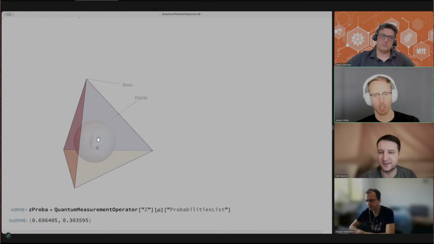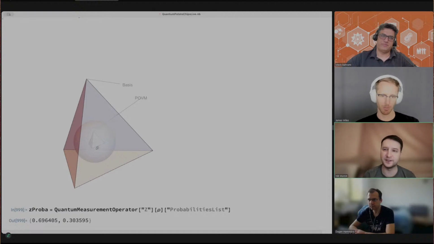Okay, so that inner tetrahedron can touch the inner sphere and it will still be a POVM. Is the size important, was my question. I think yes, it is important, because there's a normalization condition that a POVM has to satisfy. It has to act as a probability in some sense.